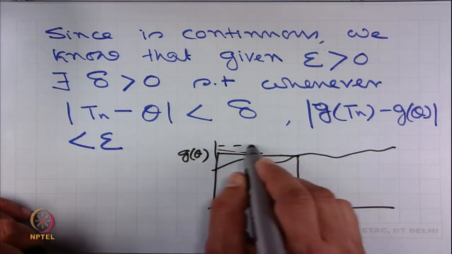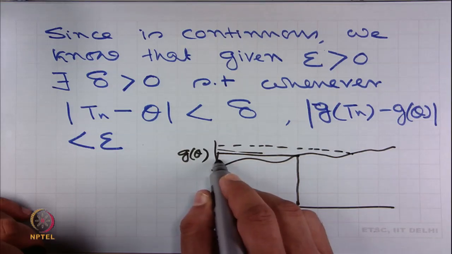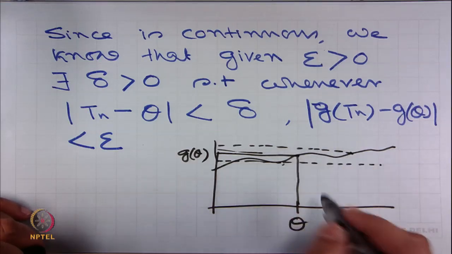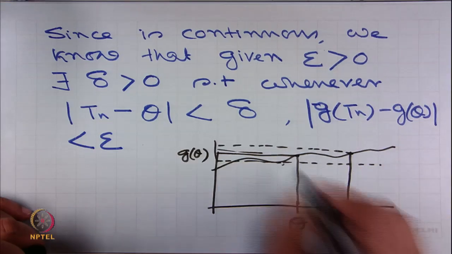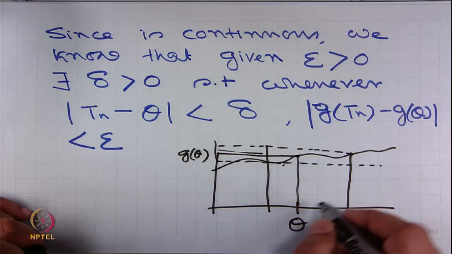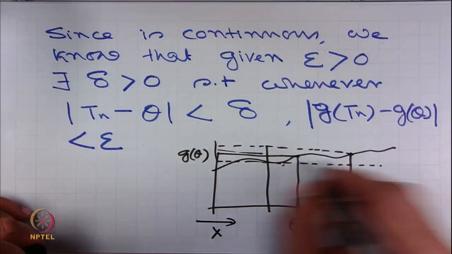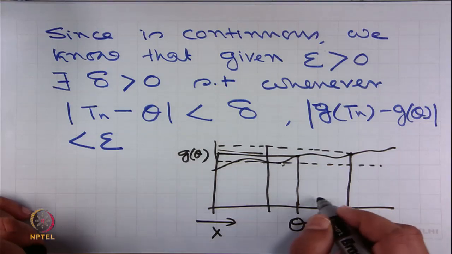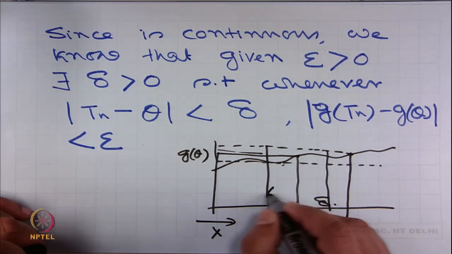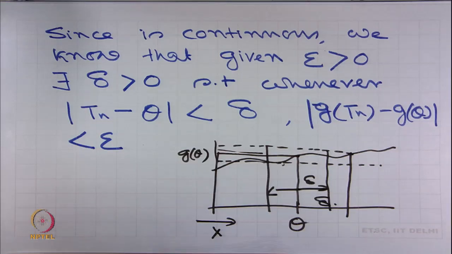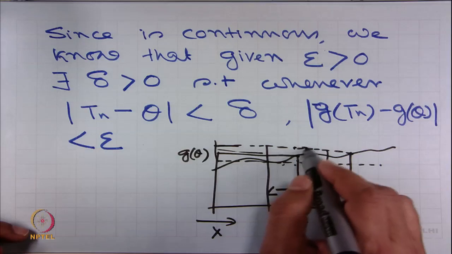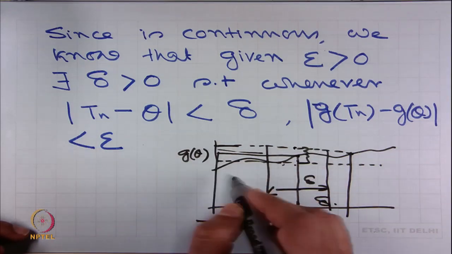And suppose we create an epsilon neighborhood around the g theta, then we see that for all values of the variable, say x, in the neighborhood, let us call it delta, which may be like this, we can see that modulus of g theta minus g(t_n) is within the limit epsilon. So, this is our epsilon.